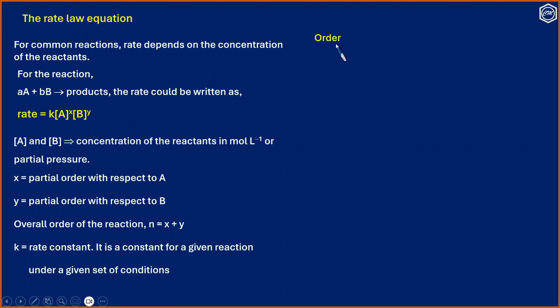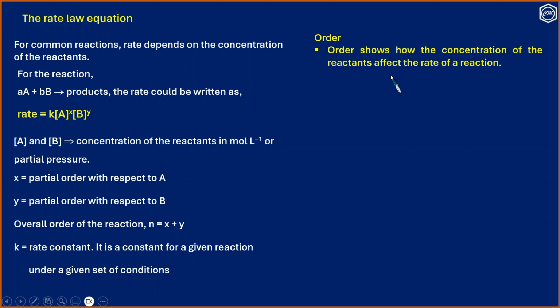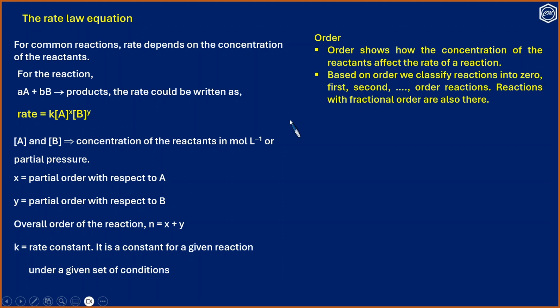Another term we have to learn is order. Order shows how the concentration of the reactants affects the rate of a reaction. Based on order, we classify reactions into zero, first, second, etc. order reactions. Reactions with fractional order are also there. Another is molecularity.